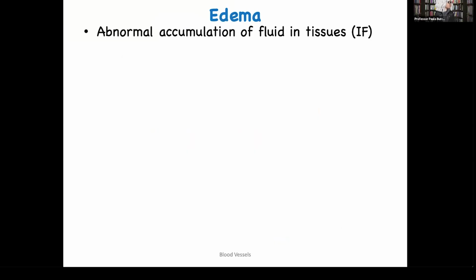Edema is the abnormal accumulation of fluid in your tissues. Recall this tissue fluid is your interstitial fluid. And this leads to swelling. That is the edema. Edema can enlarge internal organs, which will interfere with their function.